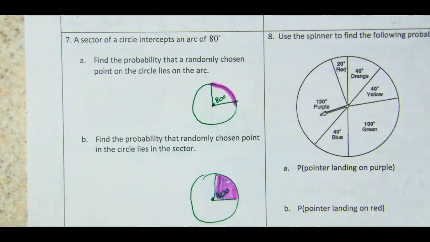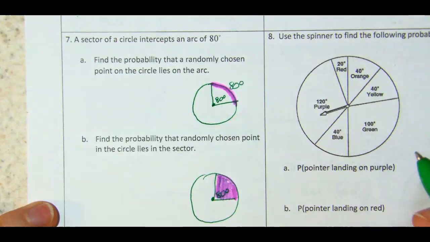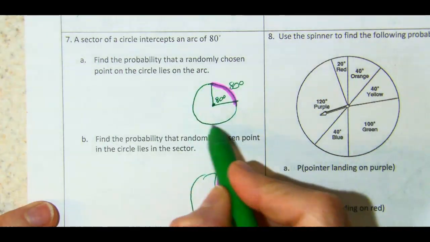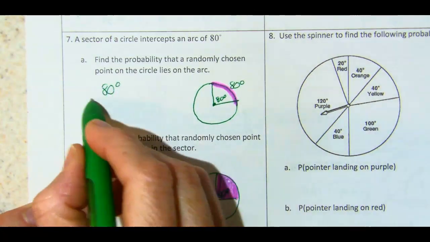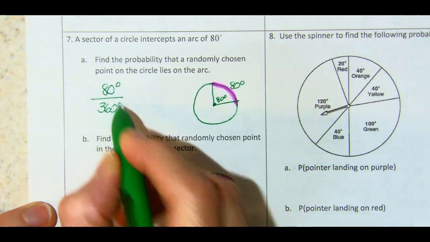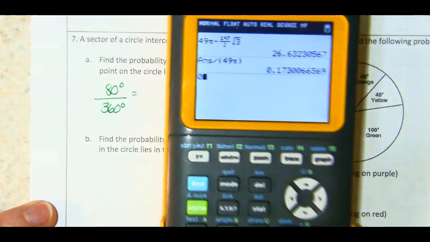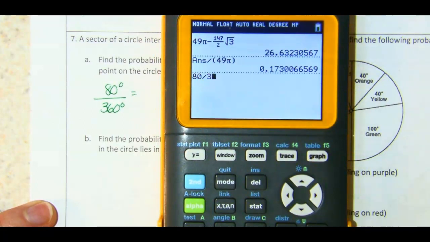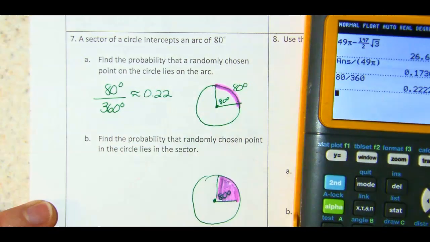So for this one, we know that this one is 80 degrees, and we know the whole circle is 360 degrees. So it is just 80 degrees out of 360 degrees. If we type that in on the calculator, we have 80 divided by 360. We're going to get 0.22. So we're going to say about 0.22.